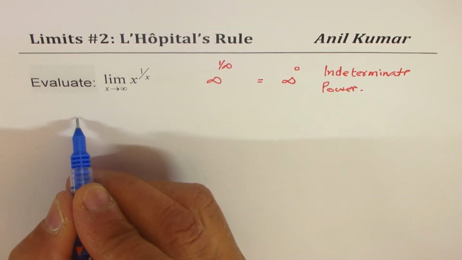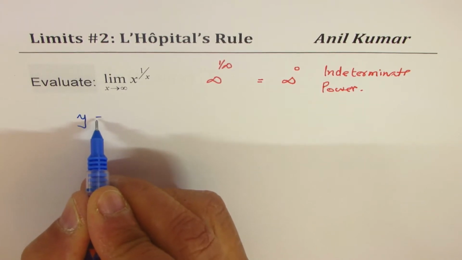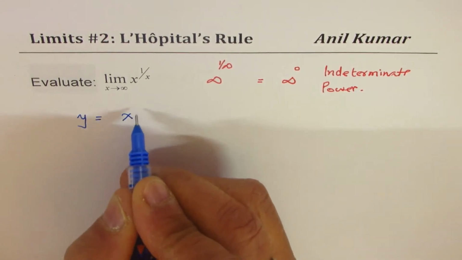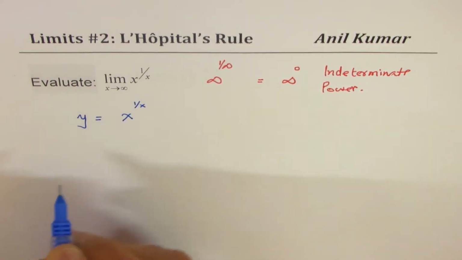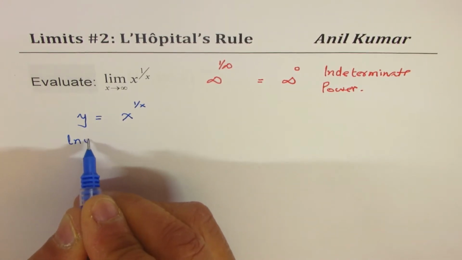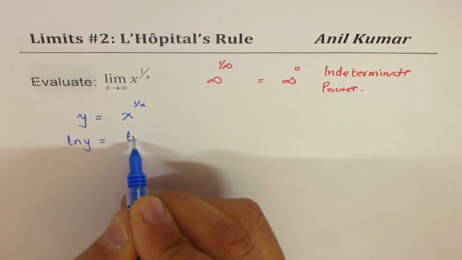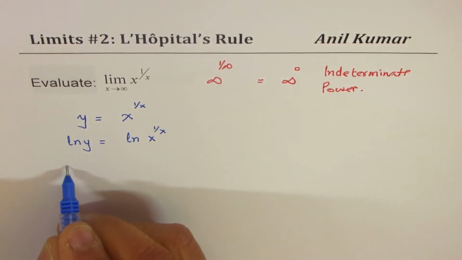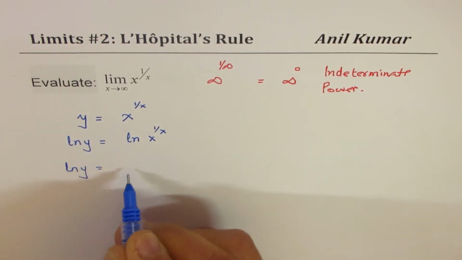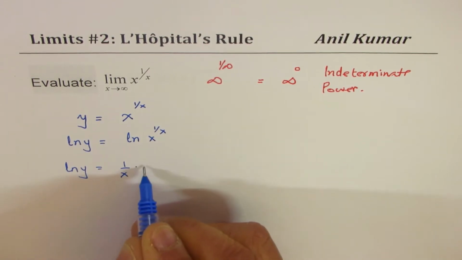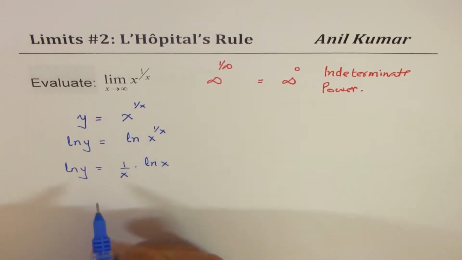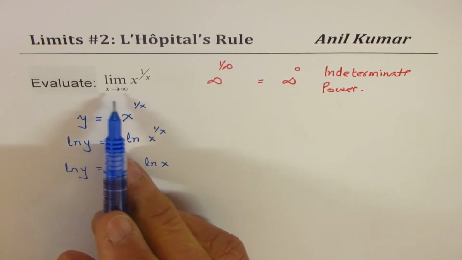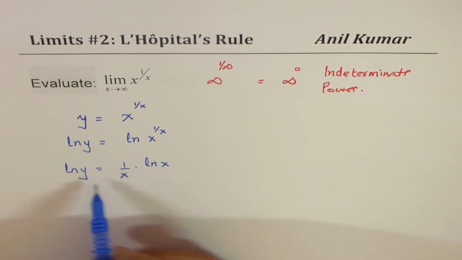So what we do here is we say, well, let y be equal to x to the power of 1 over x. In that case, ln y will be equal to ln x to the power of 1 over x. Or we can say ln y is equal to 1 over x times ln x. And now we can take limit x approaches infinity on both sides.